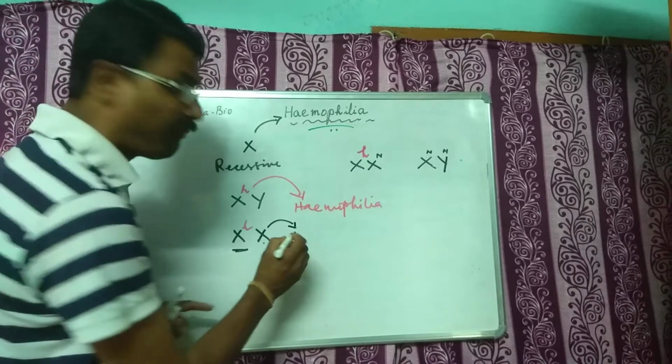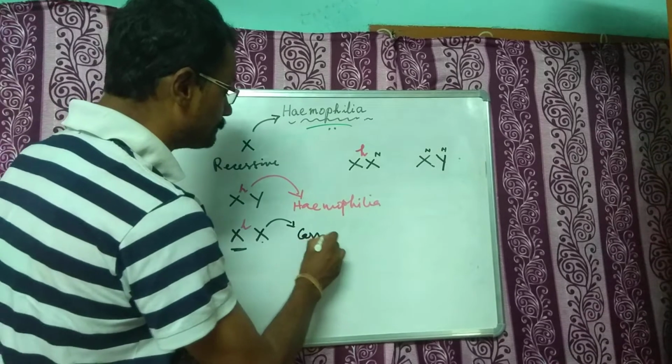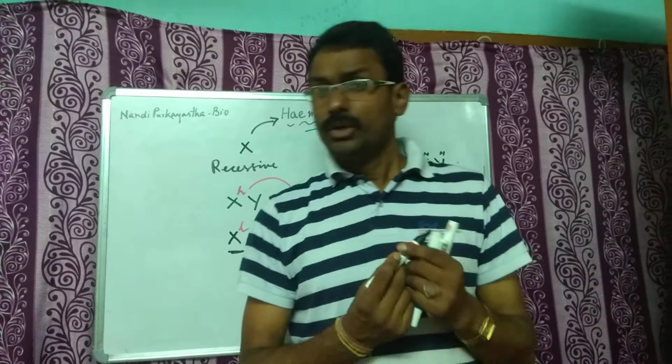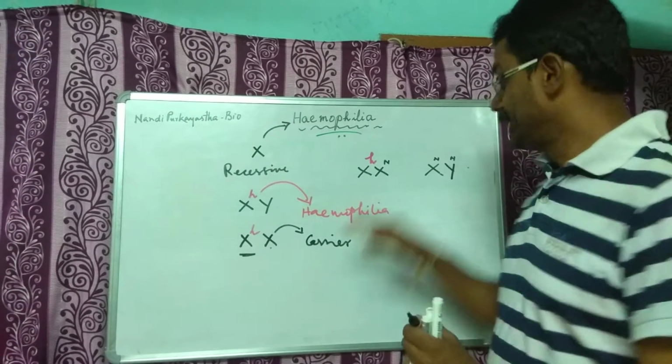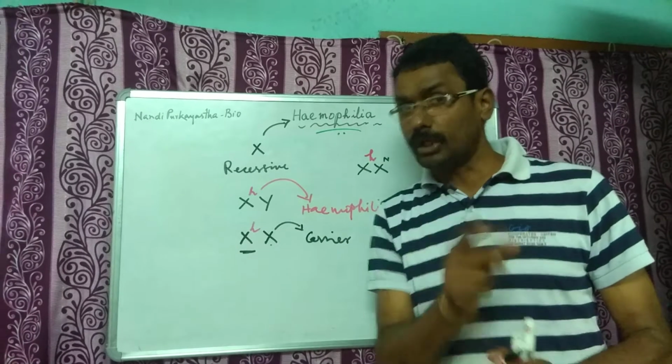So you are not finding them to be affected, but they become carriers. They carry it and transmit it. Now, the question is, who suffers? Males. Males suffer from the disease, not the females.